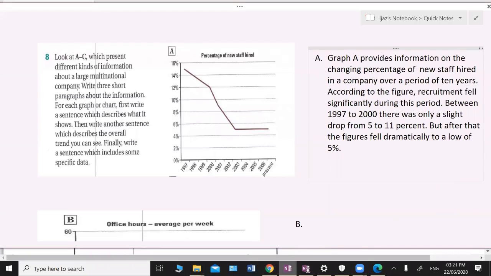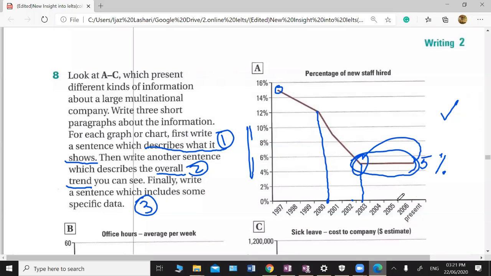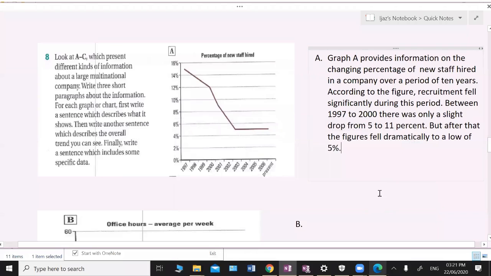If you look at the graph one more time, from here to here there was a small decline. But then there was a dramatic, sudden fall. And again, it stopped at 5%, and then it continued till present. So we have written 3 sentences here about this graph.